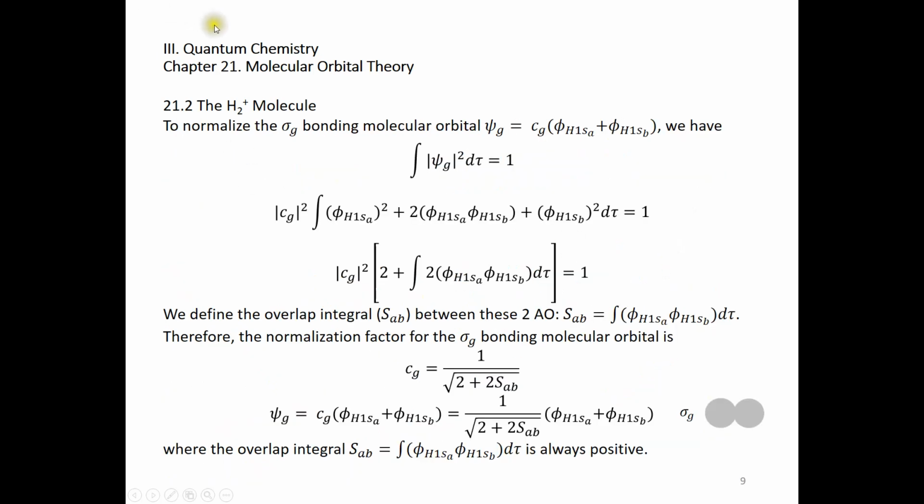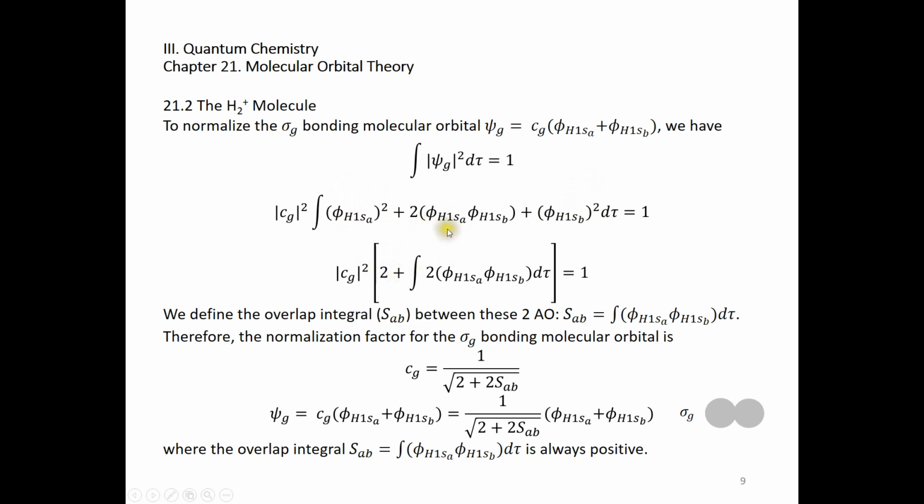To normalize the sigma g bonding orbital with this kind of form, we just need to integrate its squared modulus. We expand the squared modulus. We have this 1sa squared, we have 1sb squared, and also we have cross terms. Since these are normalized, we have 1 and 1 here.